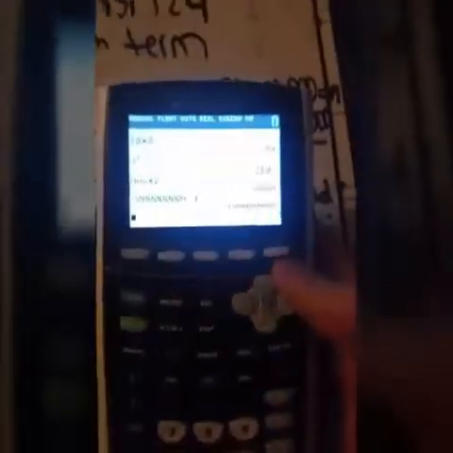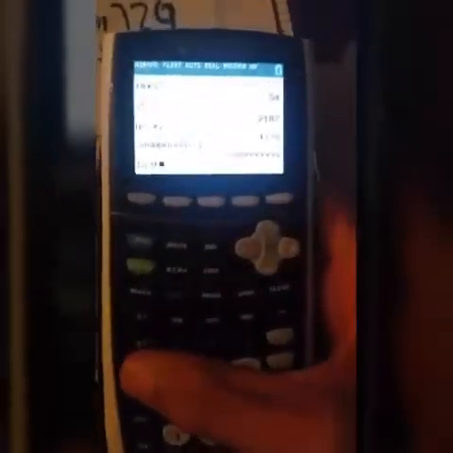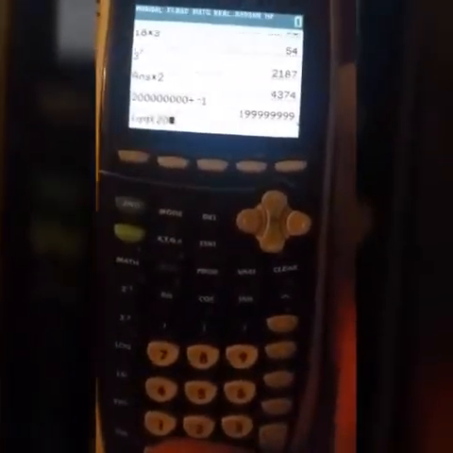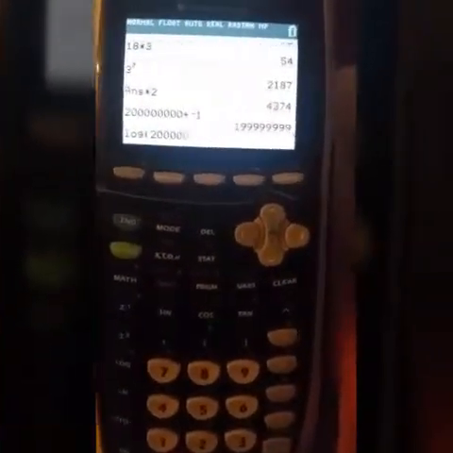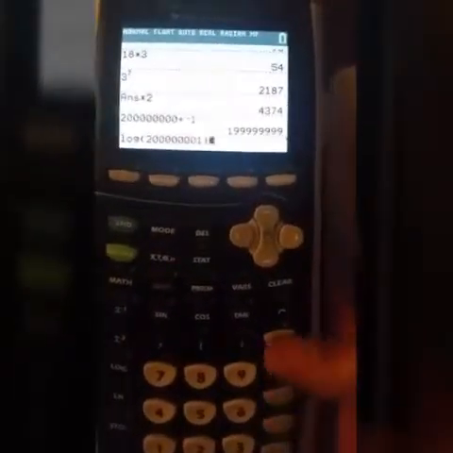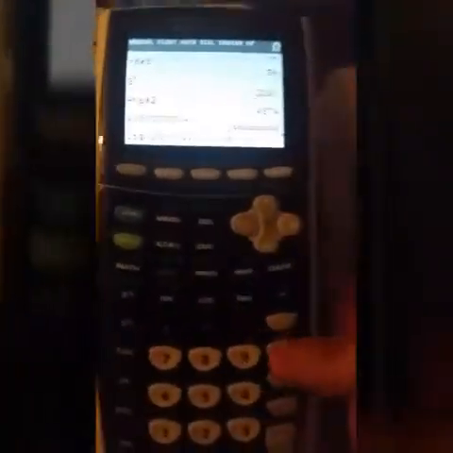So now we have our trusty calculator. Make sure everything is correct. So log of 200 million divided by your log of 3.